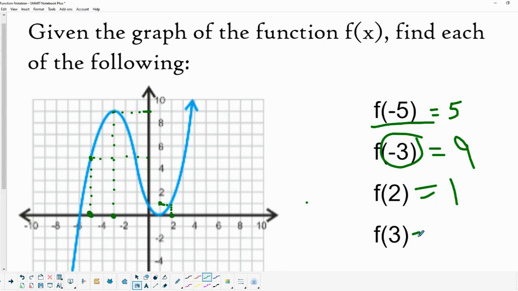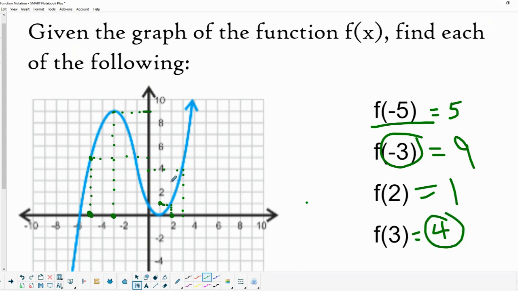And then last, for an x value of 3, we go up until we hit the graph, then turn left and go over until we hit the y-axis. It looks like an x value of 3 lines up with a y value of 4.